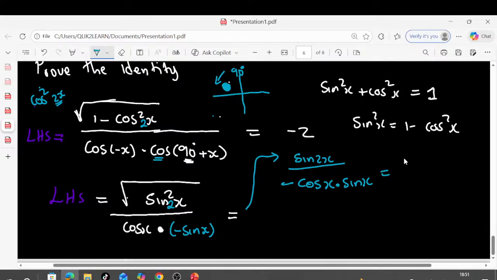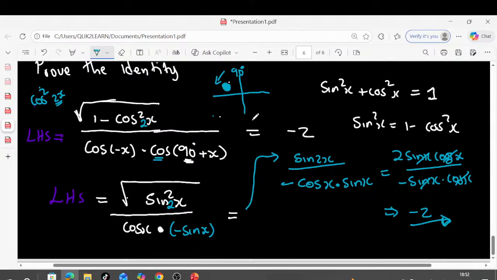And we know that the top part, sine 2x, can be 2 sine x cos x using the identity. And this is divided by what? Negative, I'm just going to write this as sine x times cos x, so that the cos x can cancel, the sine x can cancel. What is the answer? Negative 2. Guys, this was easy, wasn't it?